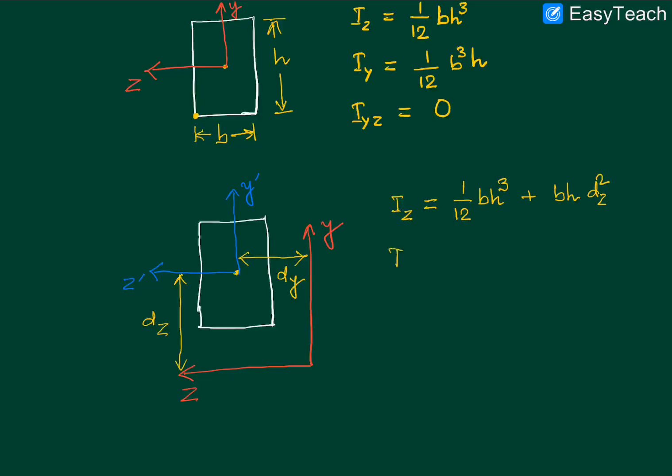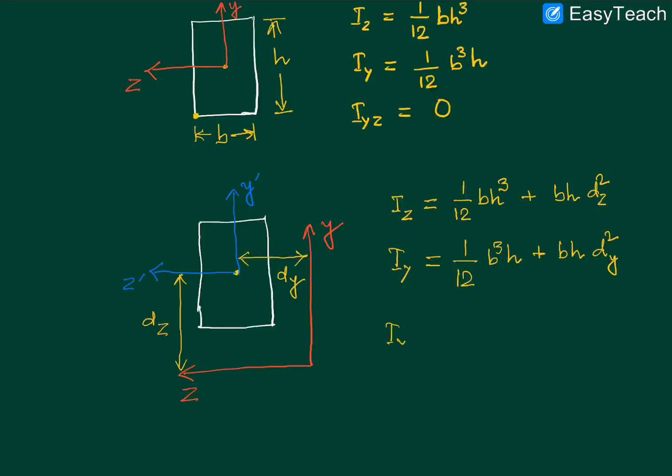In a similar fashion, if we talk about Iy, it will be 1 by 12 b cube h plus the area of the cross section, which is bh again, and the distance between the y dash and the y axis, which is dy, square of that.